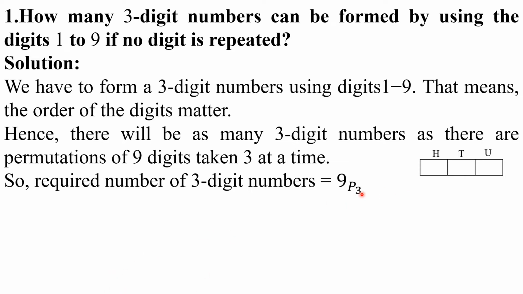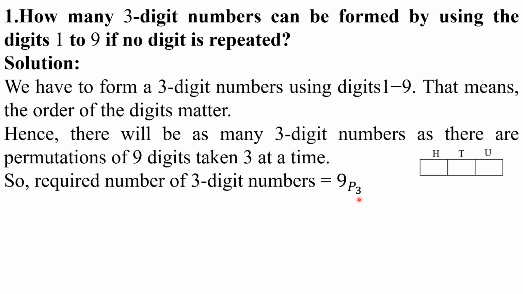How do you find the value of 9P3? There is a simple technique, not using the factorial notation. Then how to find the value of 9P3? Here in the subscript, what is the number? 3.